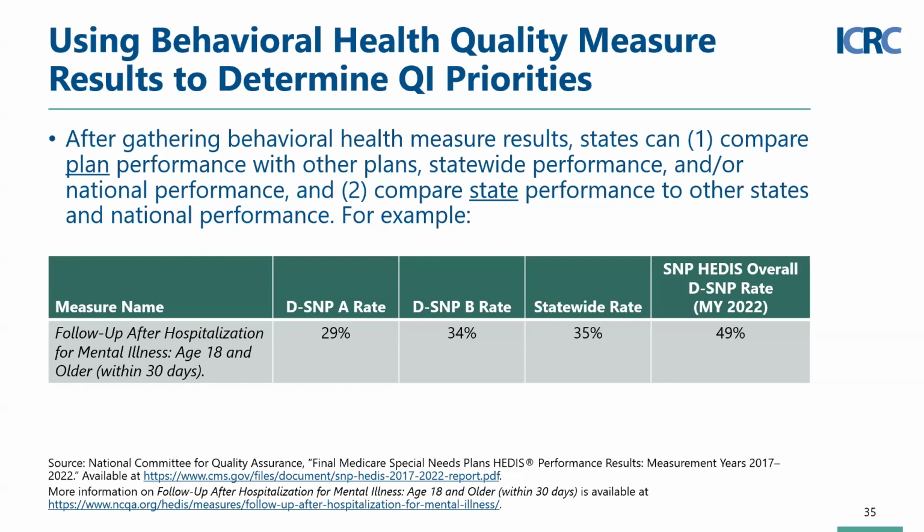In this case, D-SNP-A and D-SNP-B have similar performance rates, but both rates are lower than the statewide Medicaid average and the SNP-HEDIS national average. Therefore, there is an opportunity to improve performance on this measure. Slide 36, please.